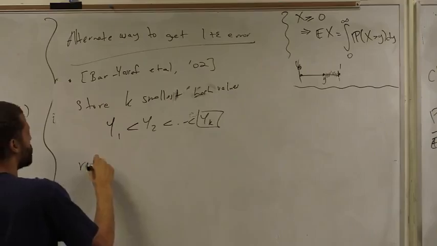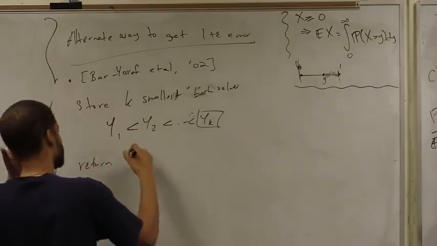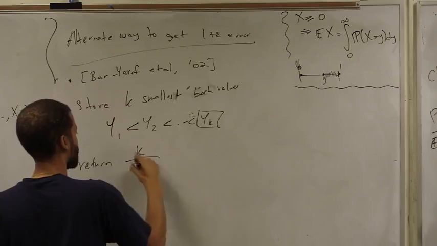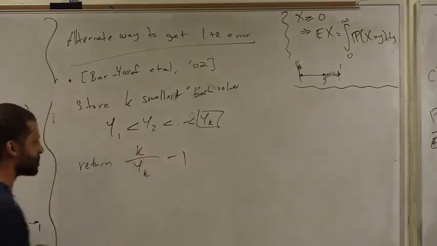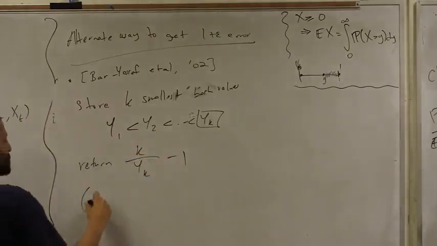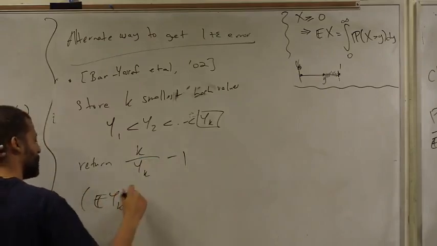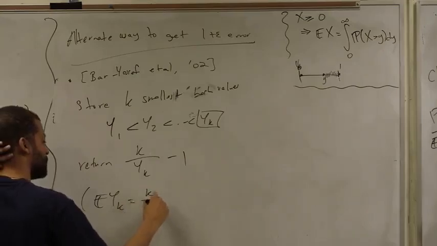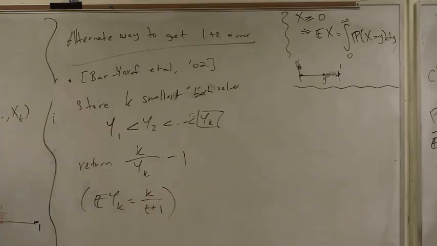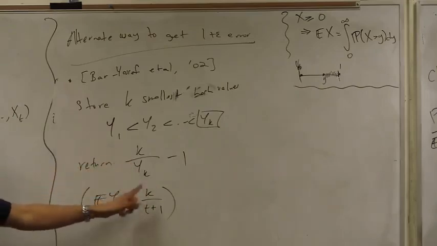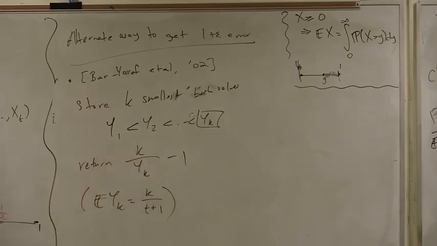And let's return k over yk minus 1. Basically, the expectation of yk, you can prove, is k over t plus 1. So I'll basically invert it, multiply by k to kill the k, and subtract 1.